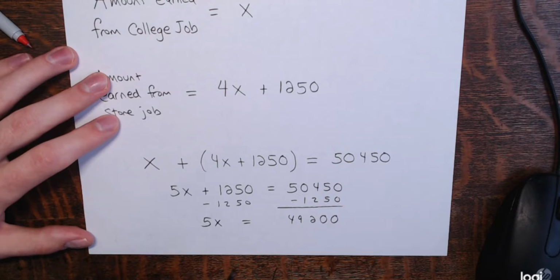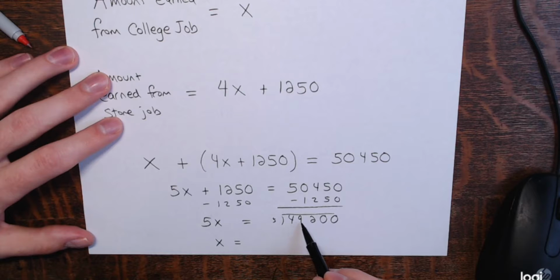And then divide both sides by 5. Now when I divide this by 5, I'm doing long division here. 5 goes into 49 9 times, and 9 times 5 is 45, with 4 left over.